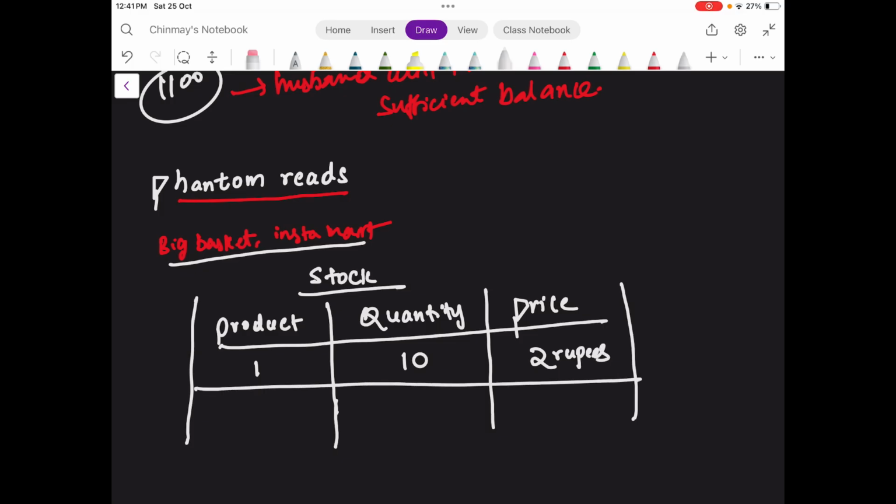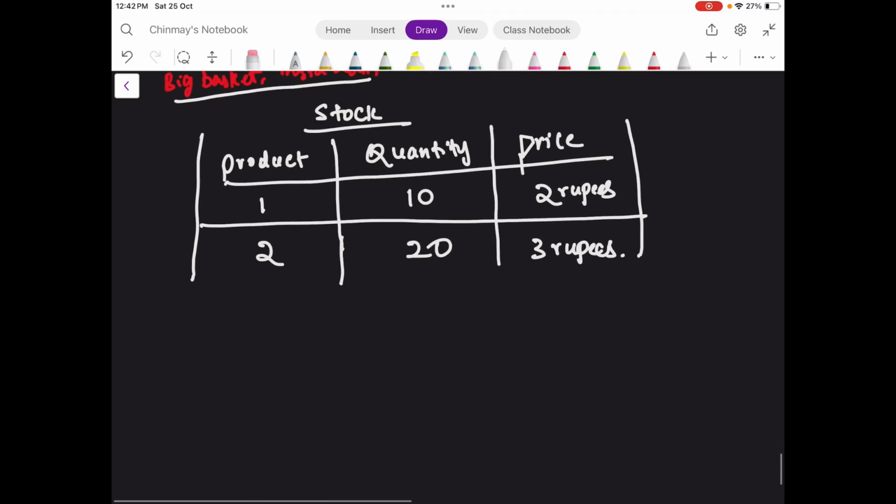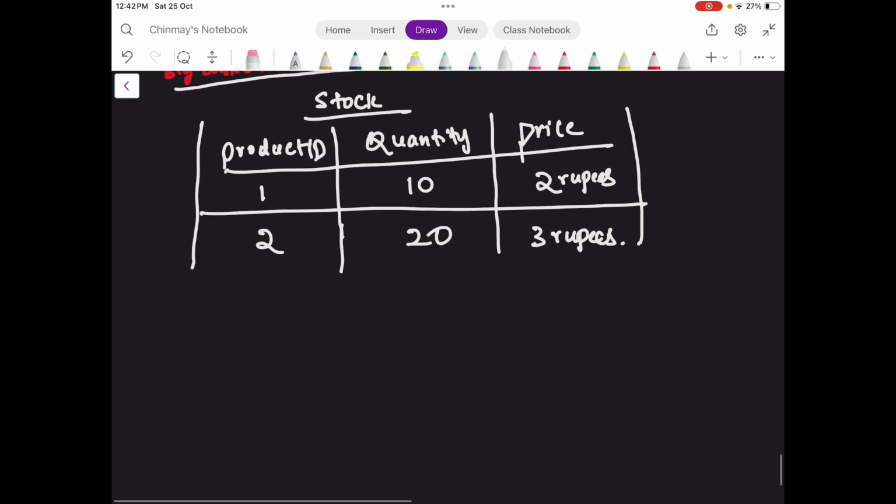There is a product 2, quantity 20, price for each is 3 rupees. There is a stock table. This is the product ID; 1 and 2 are the product IDs. They are maintaining it like this in the account section of their Big Basket or Instamart.